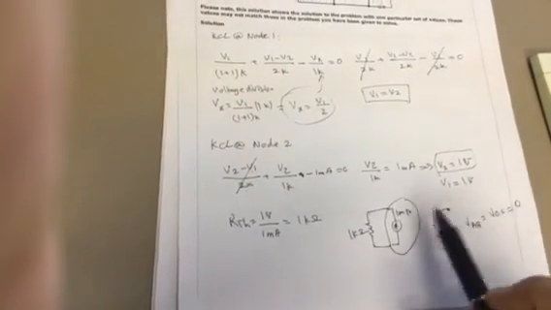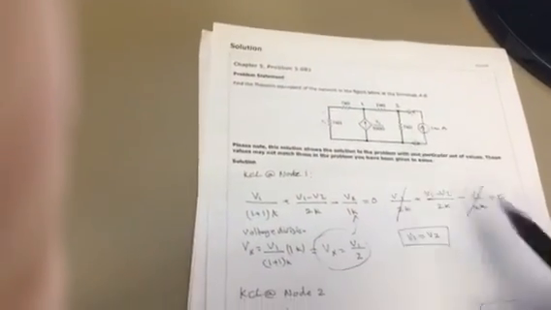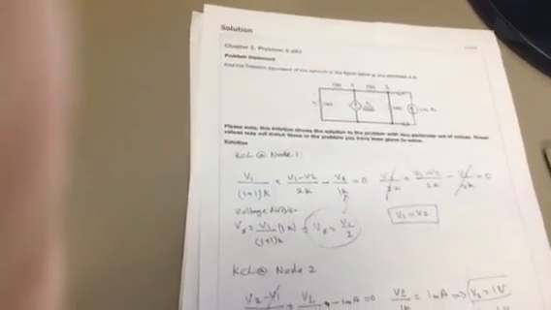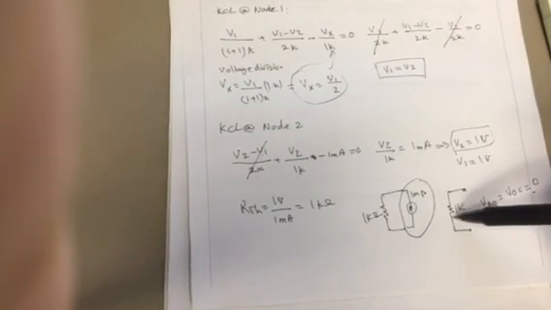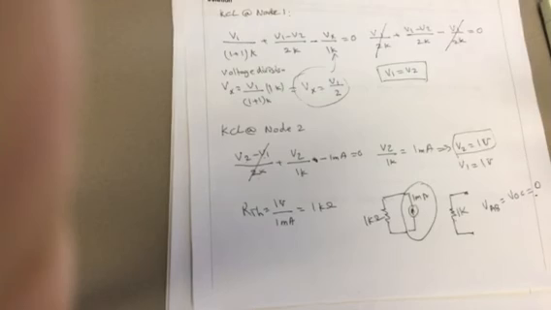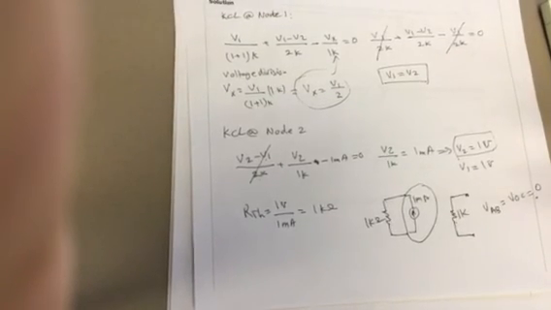Make sure that when you are adding that, you put VOC equal to 0. And then this 1k is going to be the equivalent resistance, or the R-Thevenin.